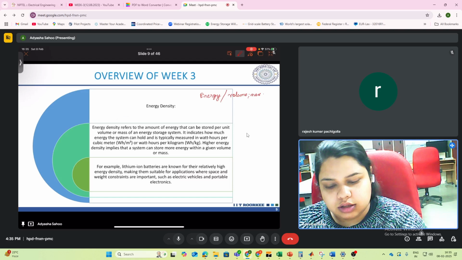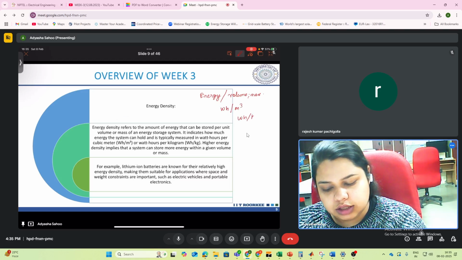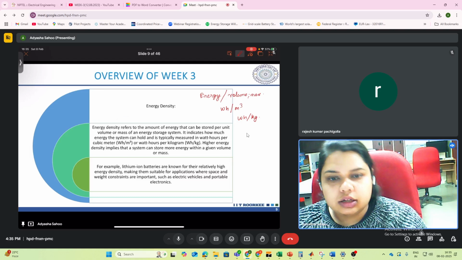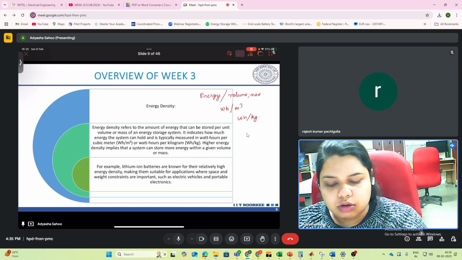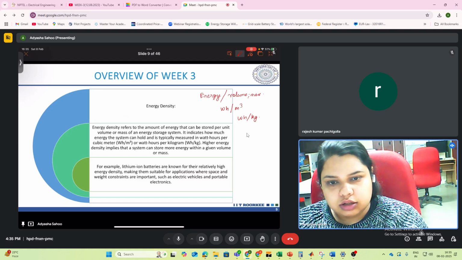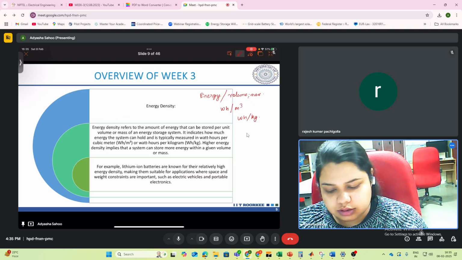So your energy is in watt hour, so watt hour per meter cube or watt hour per kg. Higher energy density means a higher amount of energy can be stored by the energy storage system for a given volume or mass.